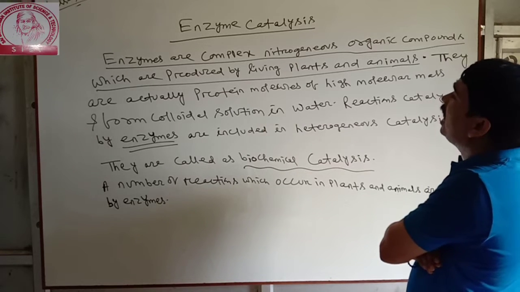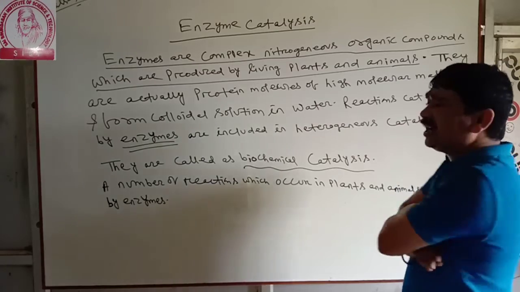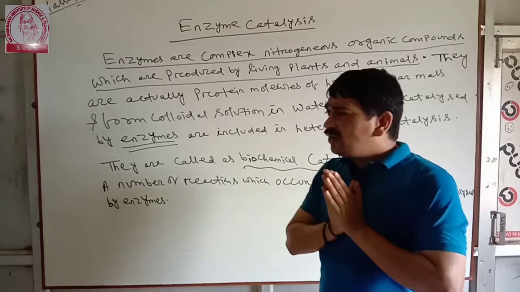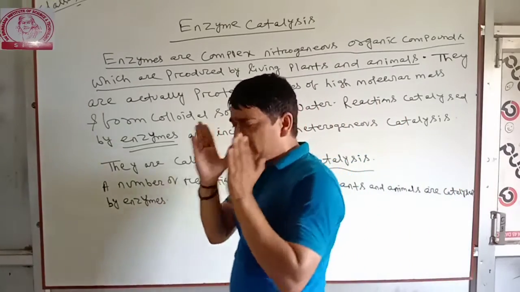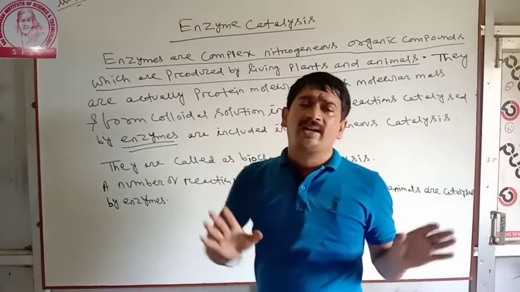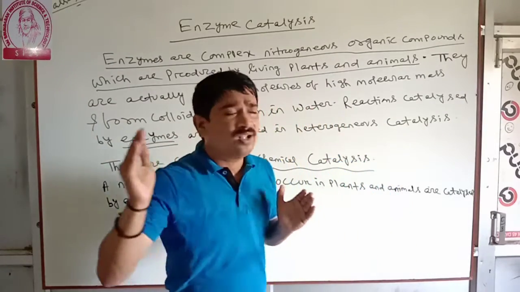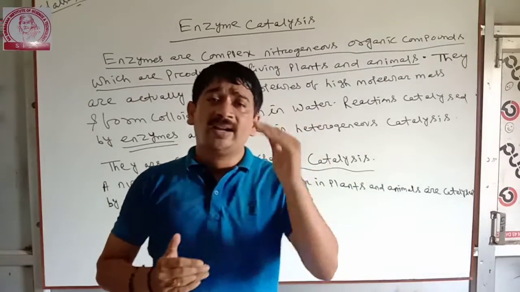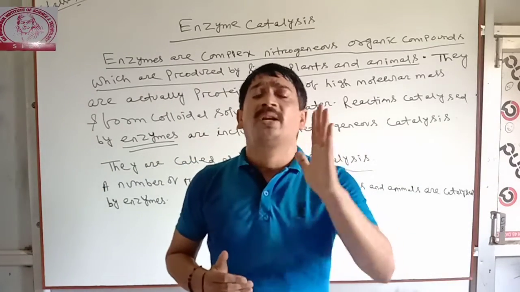All enzymes are complex nitrogenous compounds. As you know, they are actually protein molecules of high molecular mass. All proteins contain nitrogen. So we are consuming nitrogen not directly but indirectly in the form of protein.